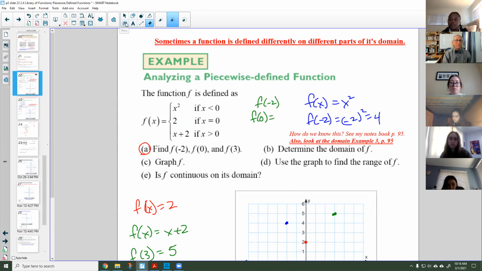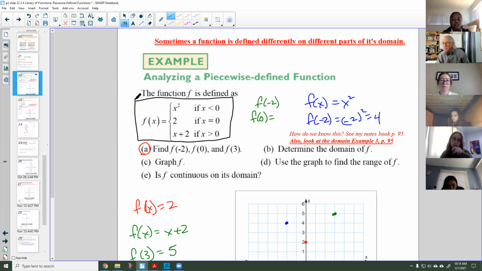This was the function that we were dealing with right here in the box. It's a piecewise function, which is basically telling me that over different parts of the domain of this function, I'm going to apply different rules.